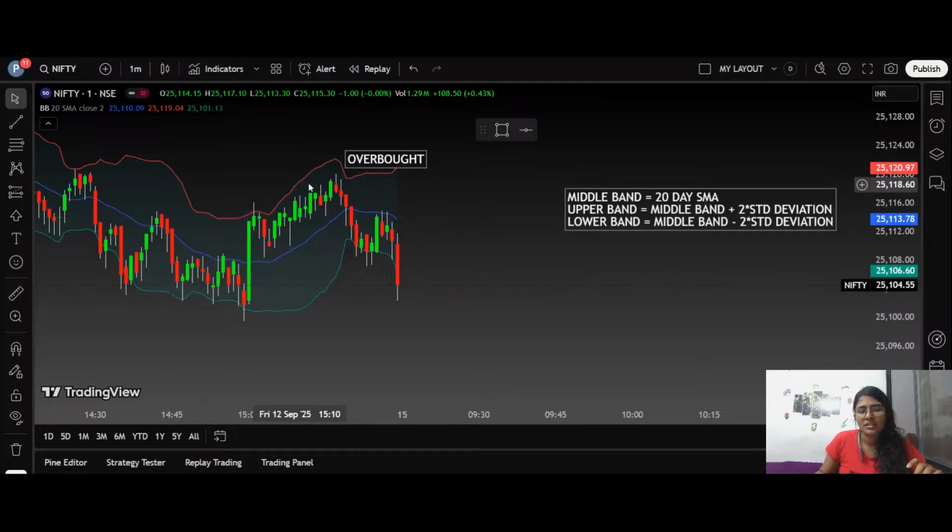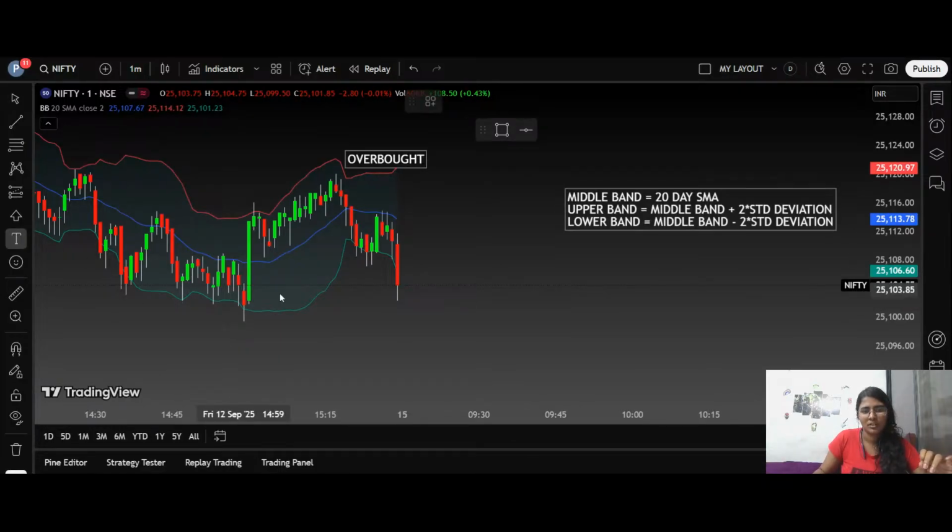If your candle touches the upper band or the red band, it means your market is overbought. Then what are these overbought and oversold stock? I already covered this in my earlier videos in my YouTube shorts. You may go and check there. But in very short, I'm going to tell you, overbought means if the candle touches this, the market may fall down because it is very overpriced.